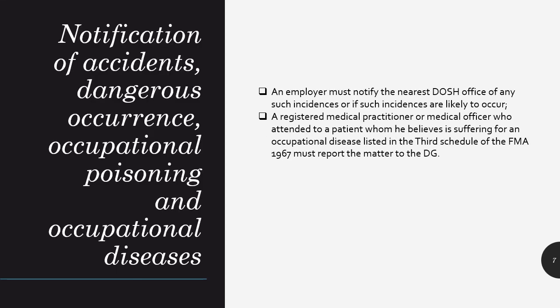In a case where there are accidents, dangerous occurrences, occupational poisoning, or diseases, an employer must notify the nearest Department of Occupational Safety and Health, or DOSH, office of any incident, or if an incident might happen, they need to report it to the nearest DOSH.